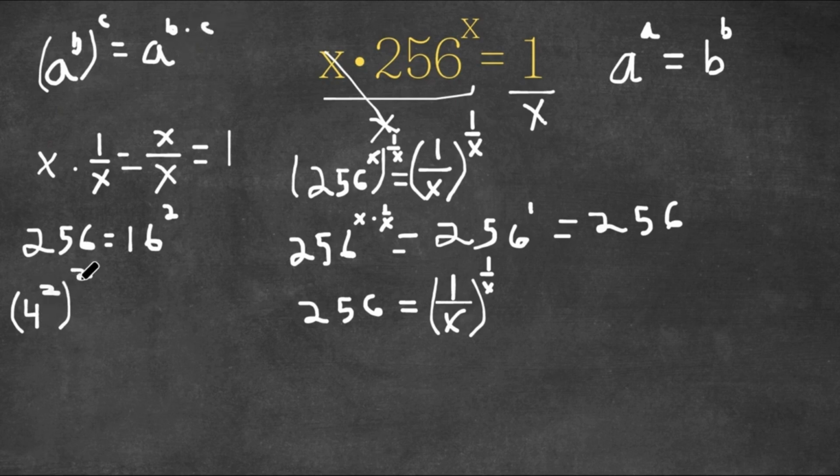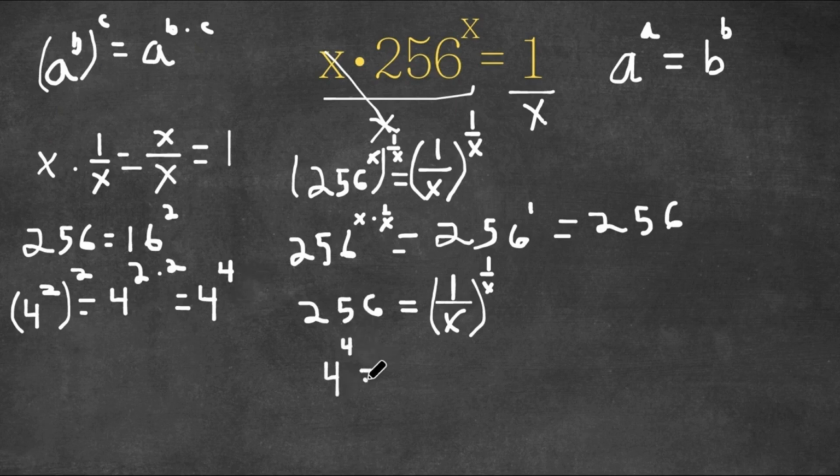Well, 4 to the power of 2 to the power of 2, this would equal 4 to the power of 2 times 2. And 2 times 2 is 4, so this would be 4 to the power of 4. And as you can see, now this is in the form a to the power of a. So we're going to replace 256 with 4 to the power of 4.